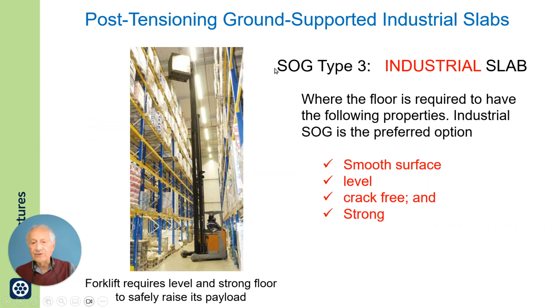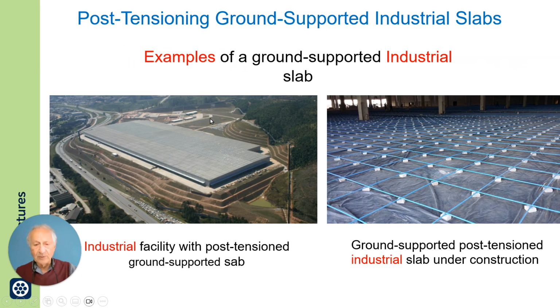Type 3, which is subject of this presentation, is where you have an industrial application and the client wants to have a smooth surface, level surface, crack-free surface, and a strong surface so that the forklift can operate well, raise the load without becoming out of plumb and likelihood of toppling.